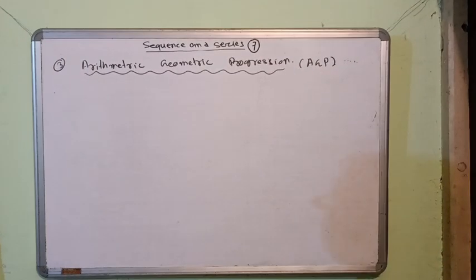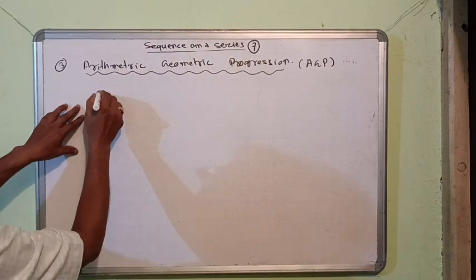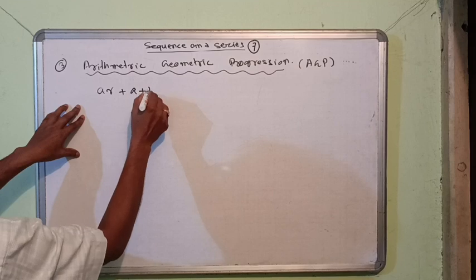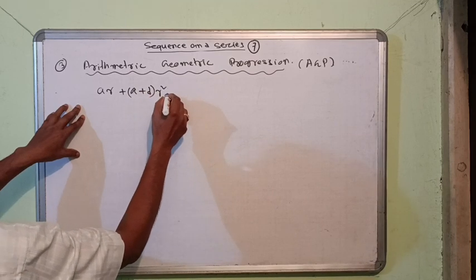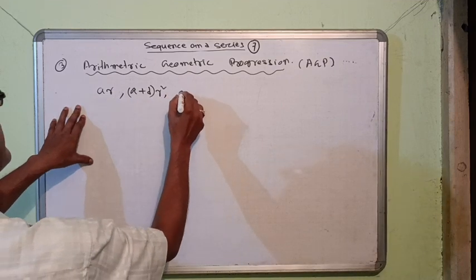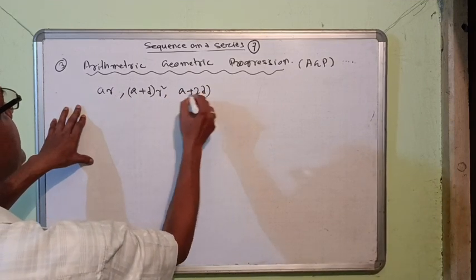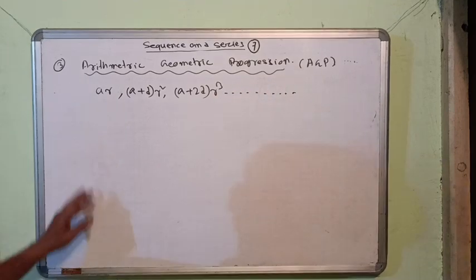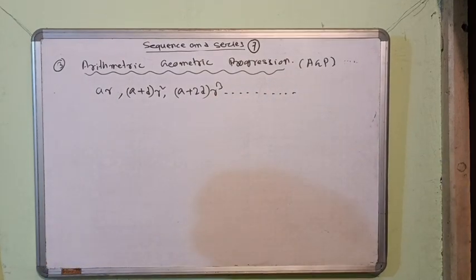That is, a, (a plus d) r, (a plus 2d) r square, (a plus 3d) r cube, and so on. It is known as the arithmetic geometric progression.